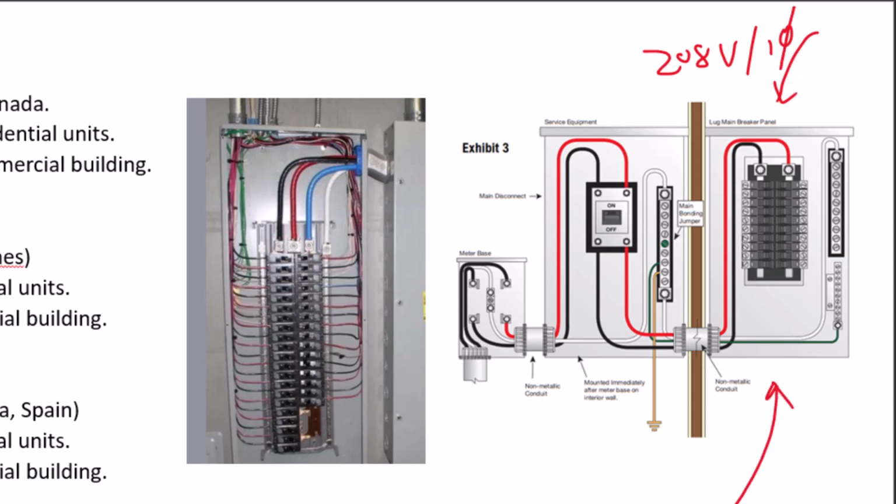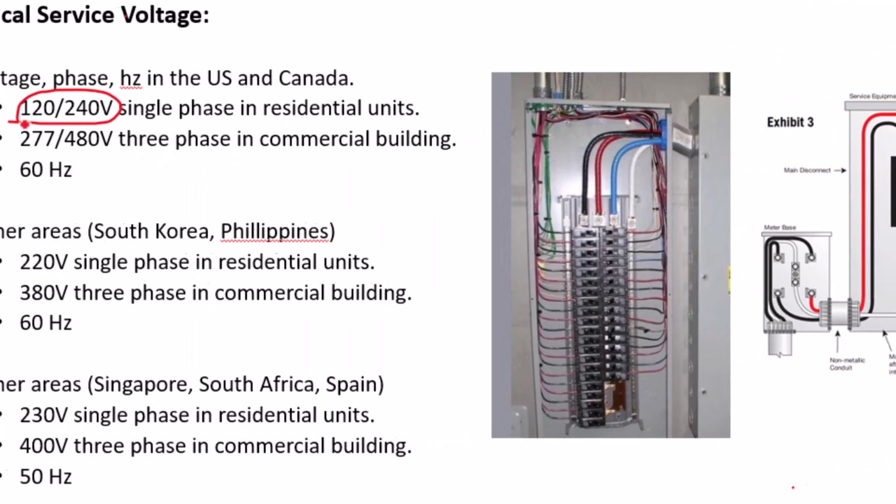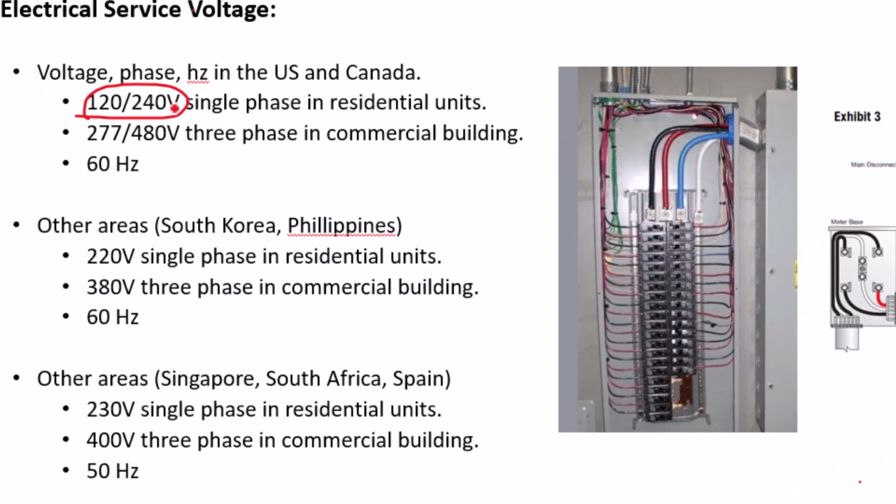So when it states right here 120/240 volt, sometimes this 240 is represented as 208 volts. So usually when we talk about the single phase voltage in the US or Canada, it's going to be represented as either 208 volt single phase or 240 volt single phase. It pretty much means the same thing.